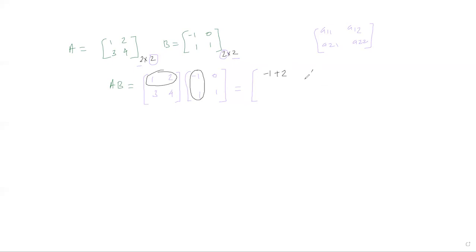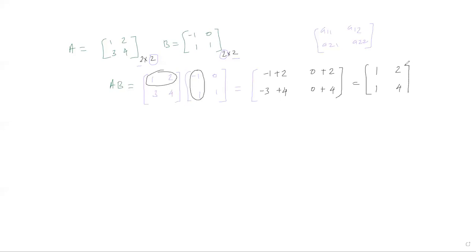First row into second column: 1 into 0 is 0, plus 2 into 1 is 2. Second row into first column: 3 into -1 is -3, plus 4 into 1 is 4, so 1. Second row into second column: 3 into 0 is 0, plus 4 into 1 is 4. So you get 1 2, 1 4.